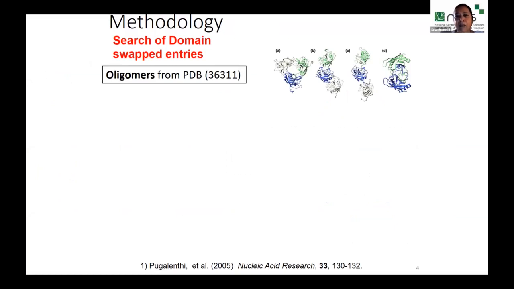And here, as I said, historically, we bumped on this phenomenon of domain swapping purely from our application of DIAL on large PDB entries, as nicely explained by Meenakshi as well.